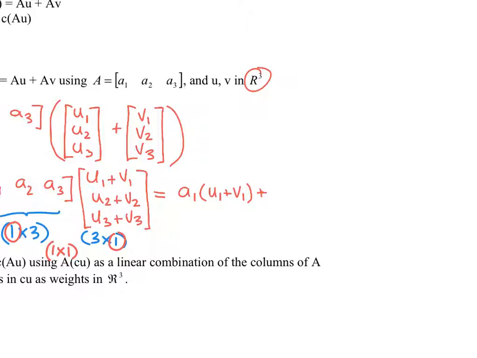All right, so then we'd have A2 times U2 plus V2, and then A3 times U3 plus V3.